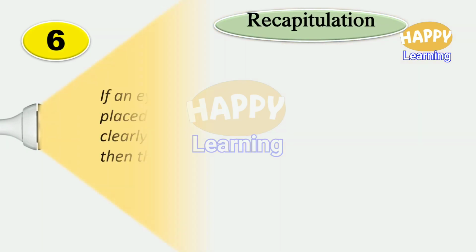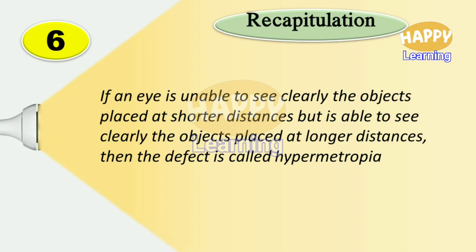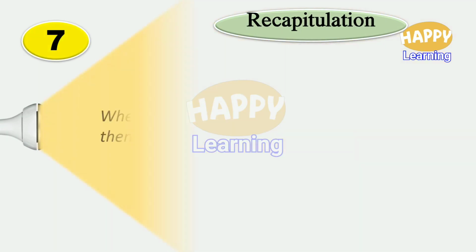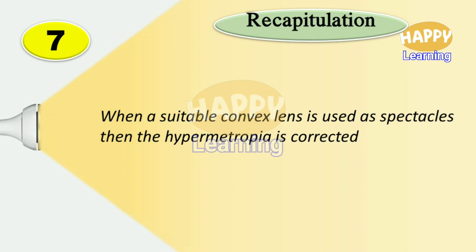Point 6. If an eye is unable to see clearly the objects placed at shorter distances, but is able to see clearly the objects placed at longer distances, then the defect is called hypermetropia. Point 7. When a suitable convex lens is used as spectacles, then the hypermetropia is corrected.